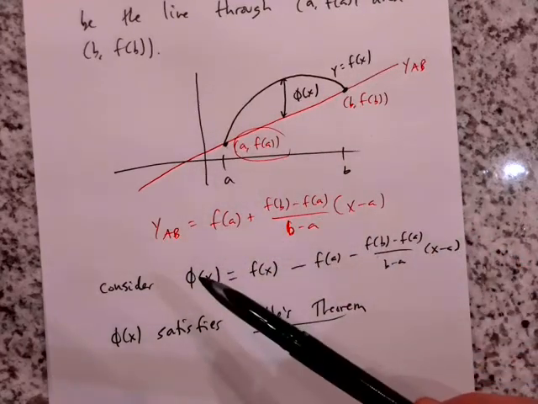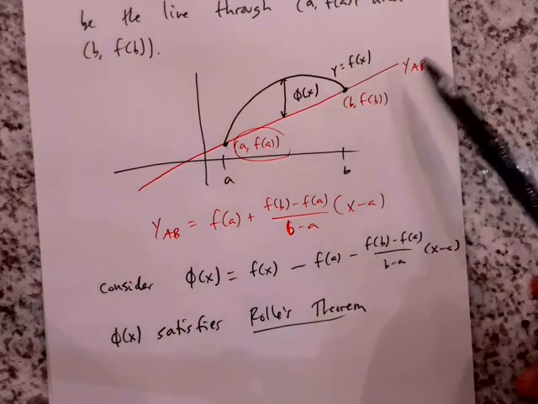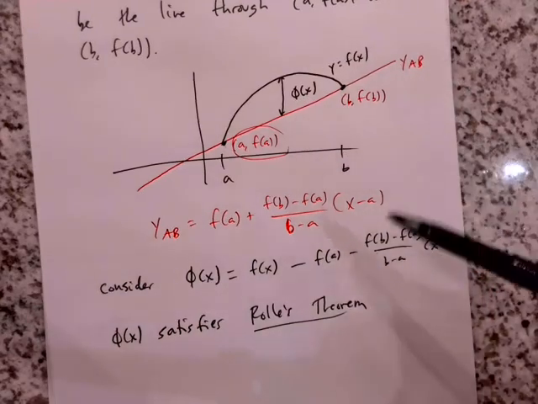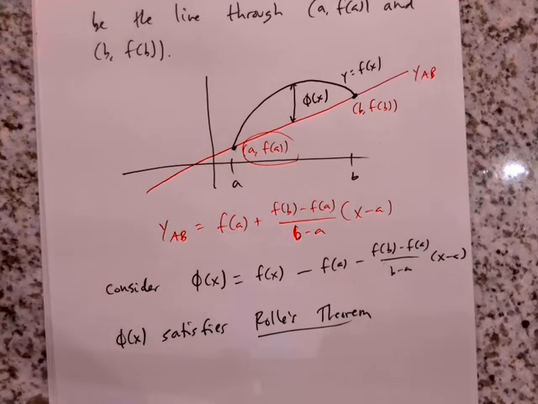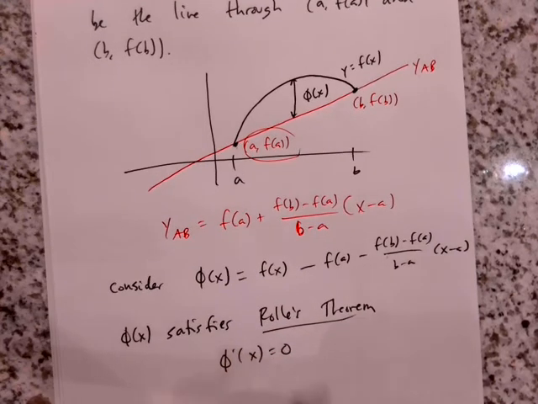The difference is 0. And since f of x and y sub AB are continuous and differentiable, their difference, phi of x, will also be continuous and differentiable. This means that phi prime has got to be 0 somewhere for some point c.